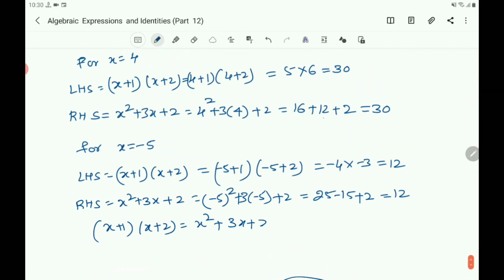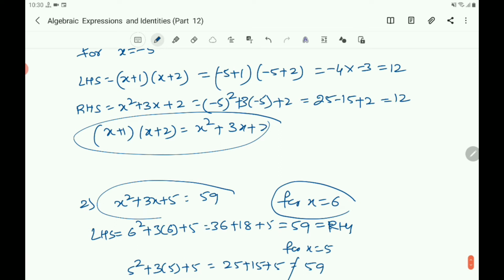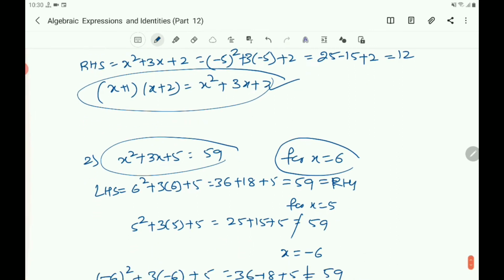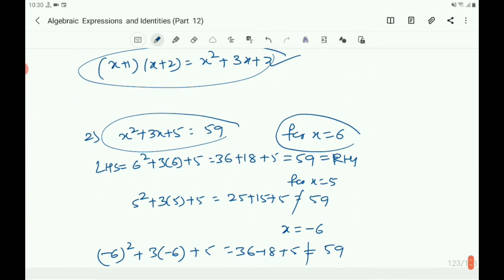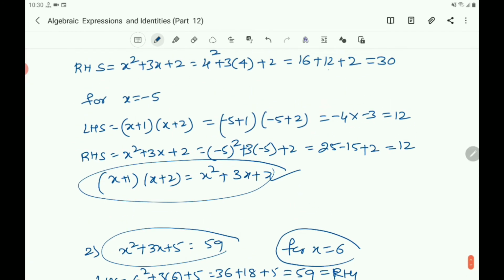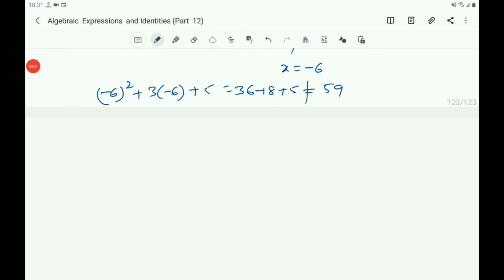What is the difference between this equation and this equation? The first equation is true for all values of x, but the second equation is not true for all values of x. So the first one is an identity. Now what is an identity?